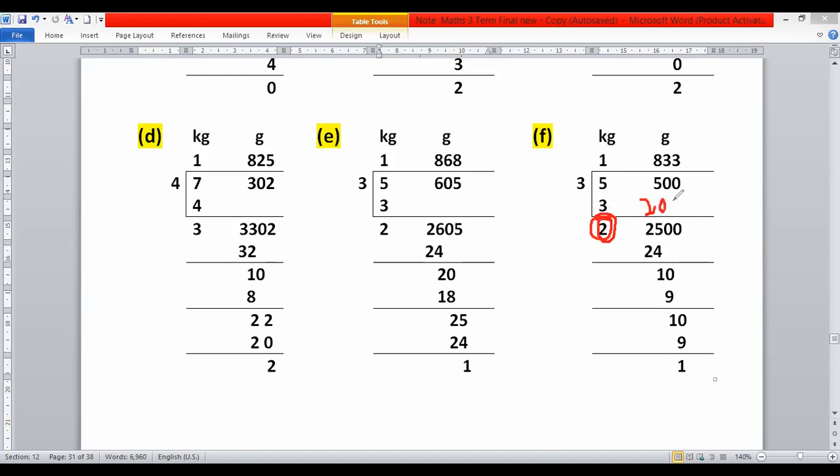First you add how many total grams we have. Here we have 500 gram. After changing we will get 2000. So you get 2005. First you make the total of how many grams we have, then you divide. And in this way you can divide kilogram and gram at the same time.